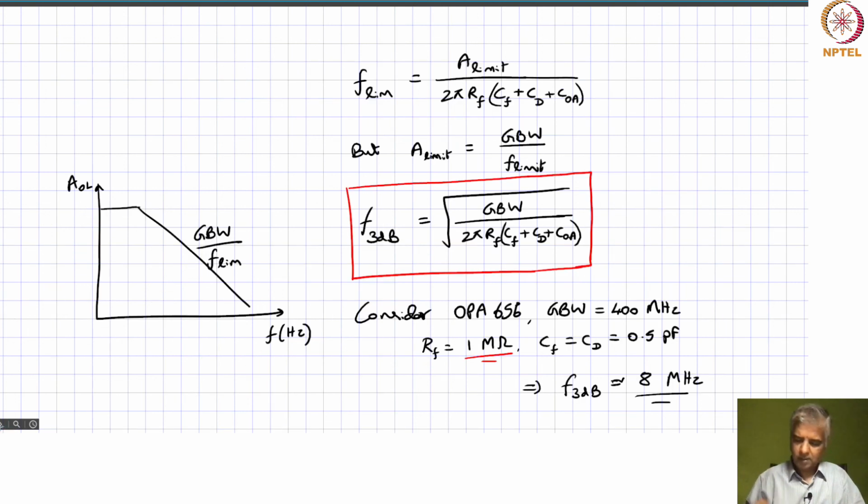In practice, you will find that some of these capacitance values are not so low. The op amp capacitance is also not negligible. So you will struggle to get even this value. It's going to be lower than that because of all these parasitic capacitances. But that's a game you're going to have to play.